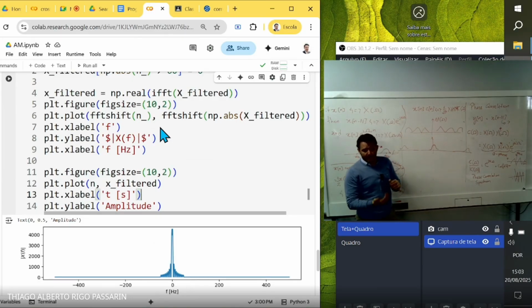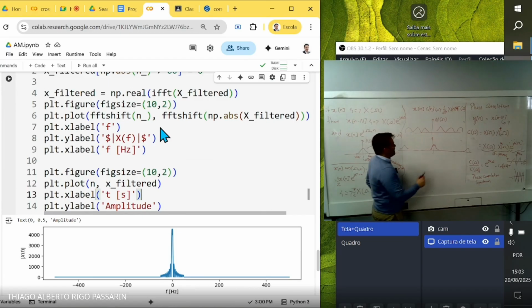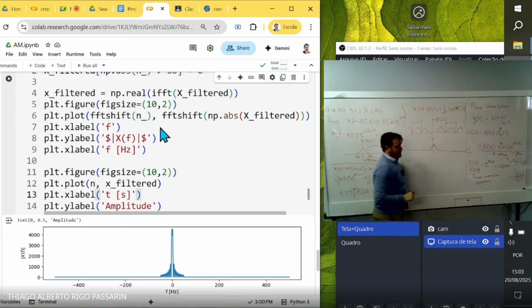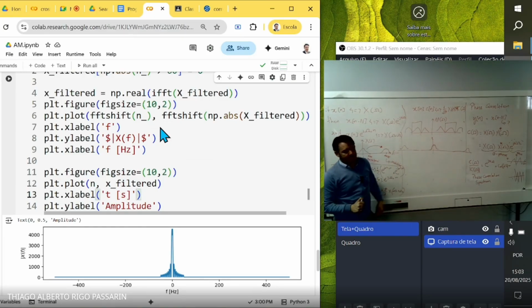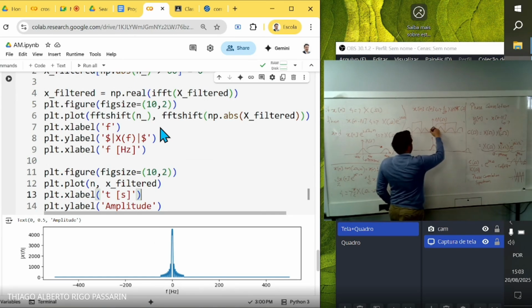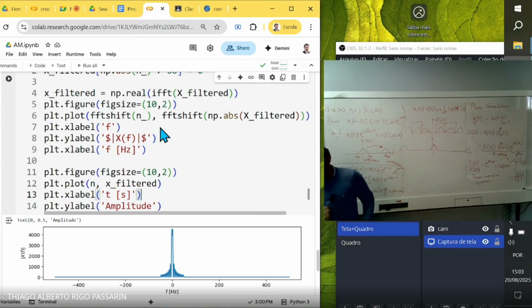Then before demodulation, we have to band pass the signal, and we get rid of what we don't want, and then we do the demodulation. And this is what you're going to do in the activity.